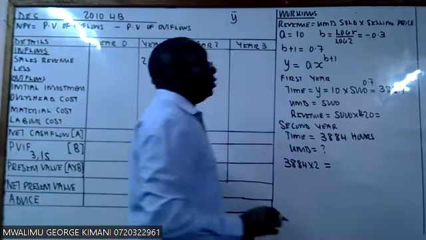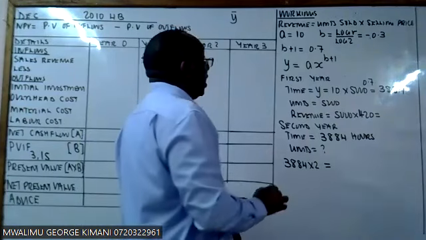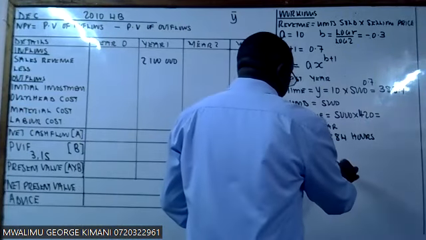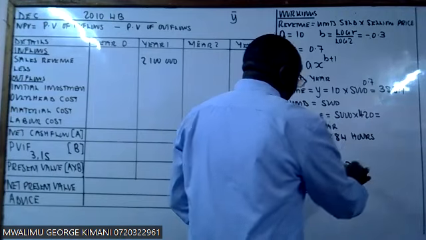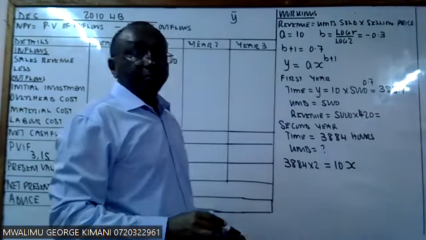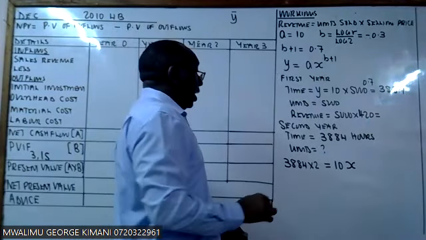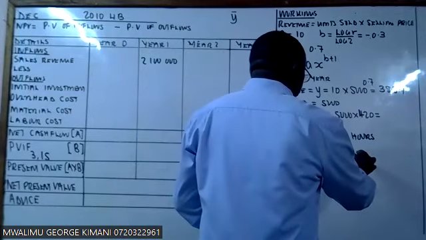Should be equal to A, which we know is 10, multiplied by X, which we are looking for, and raised to power 0.7.